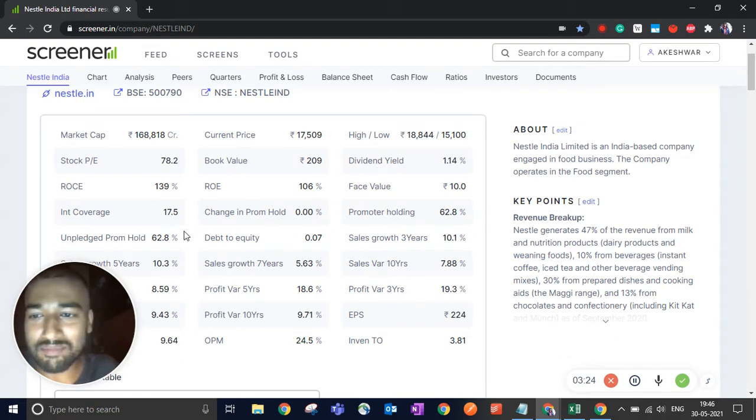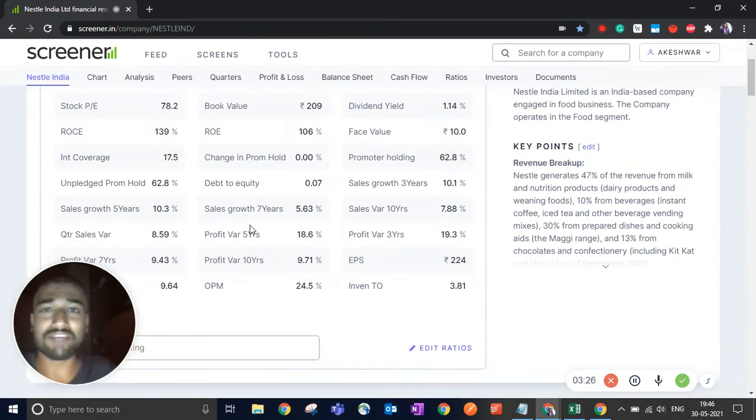So this is how you calculate these two parameters, a very brief primer on ROCE and ROE. And the reason that these parameters are so important is that whenever you invest in a business, you always want to know, of each rupee that you put in that business, how much money that business is going to generate, right?